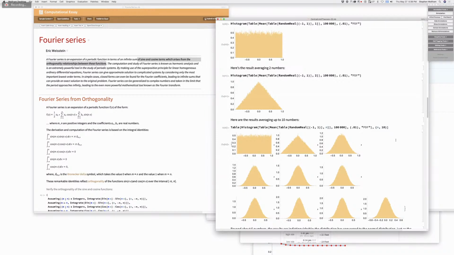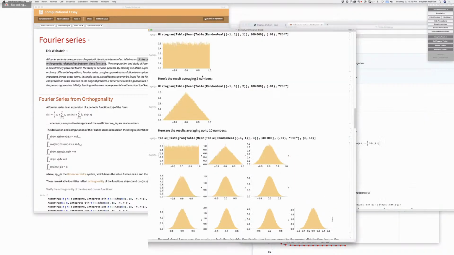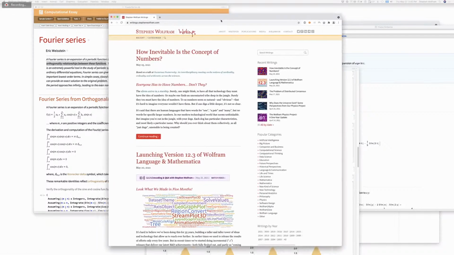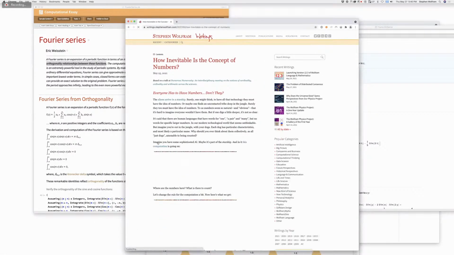Look, I'll tell you, when I write things, and obviously I write lots of stuff, let's bring up something of mine that we can criticize for a second. Okay, this was a thing I just wrote: How inevitable is the concept of numbers?